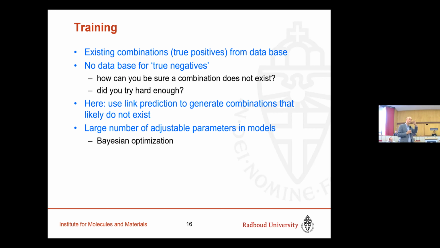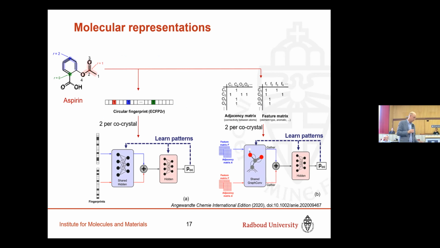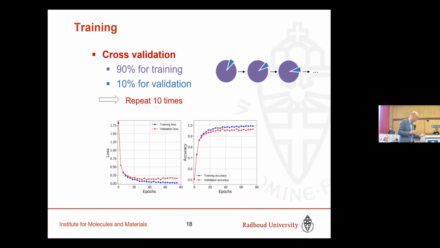And for the rest, we use the standard tools that are out there to do the training. So Bayesian optimization, I think, is something that people use all the time. And so a PhD student has learned how to do this. So you have these descriptors and let the system do its magic, train it. Here's an example of how a training session works.